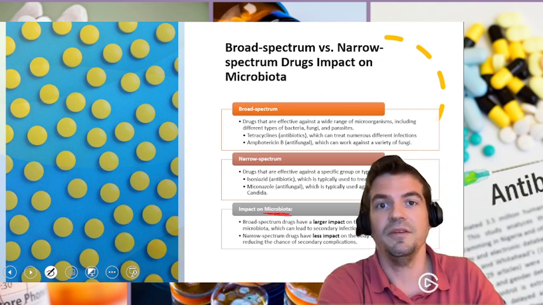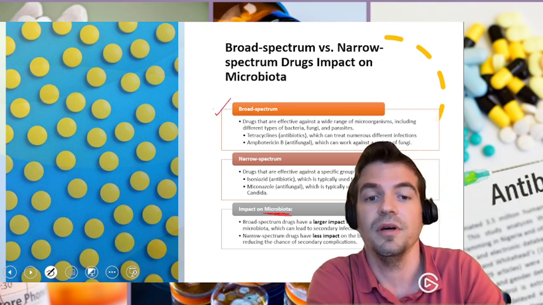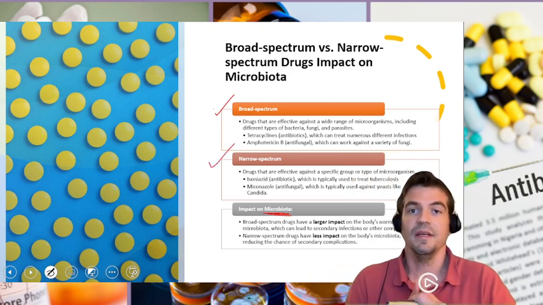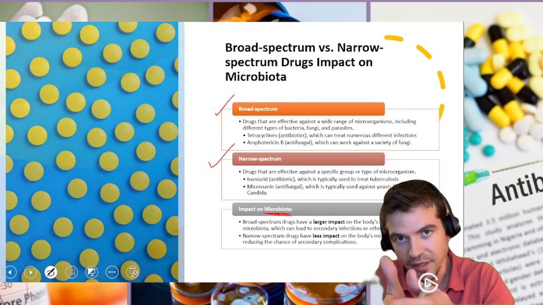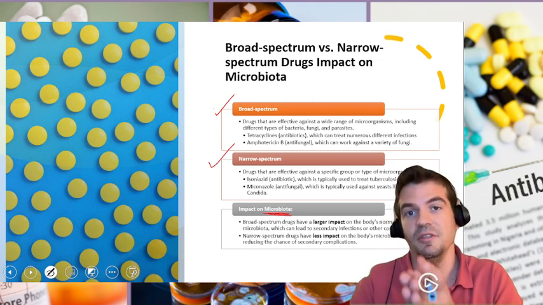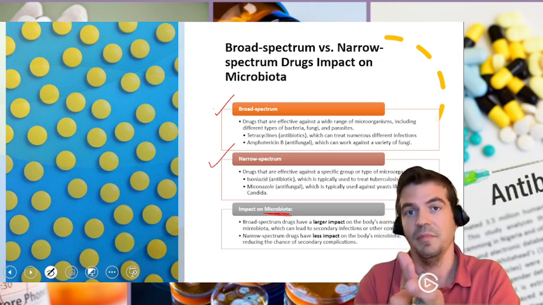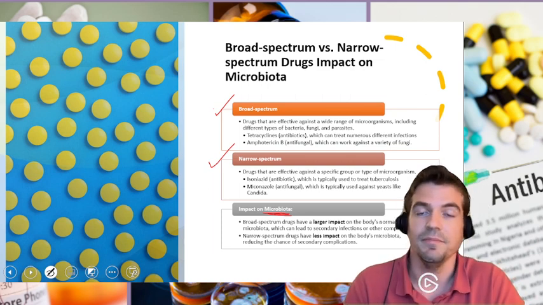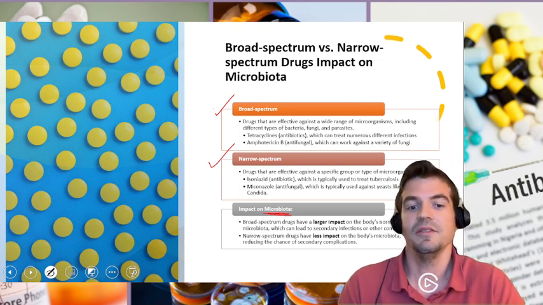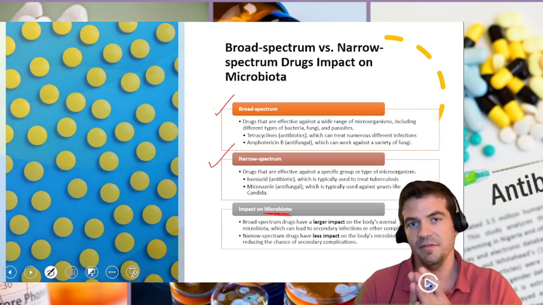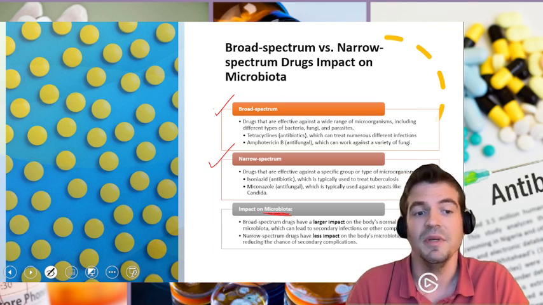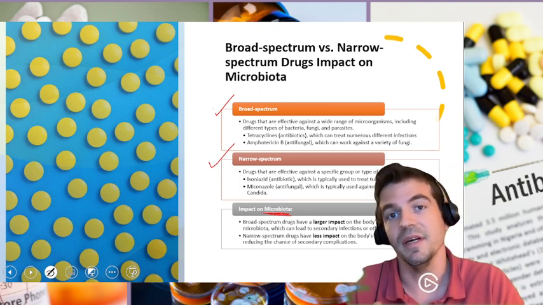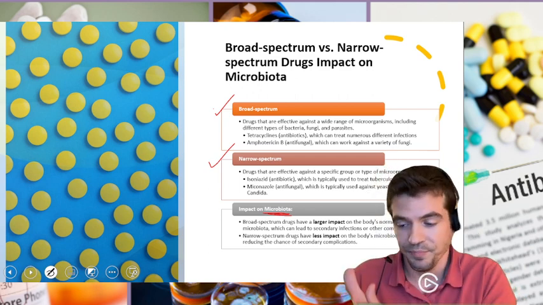All right, but back to the business at hand, broad spectrum and narrow spectrum. The narrow spectrum then is going to target in on a very specific set of microbes that won't target your gut biome. Okay, so these are very effective against one type of organism or maybe a group of organisms. Okay, but they are not as effective against another thing.